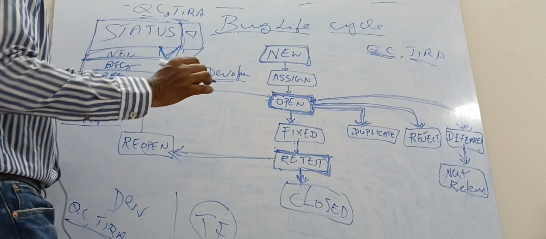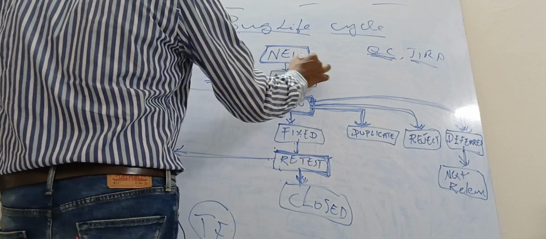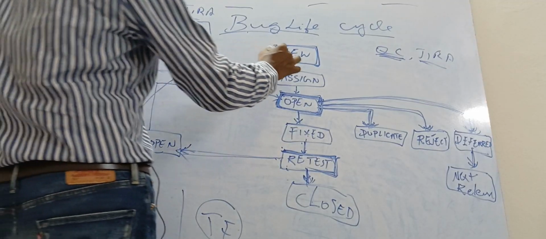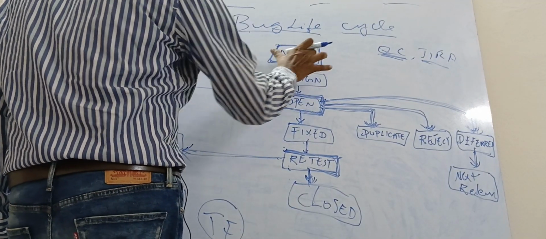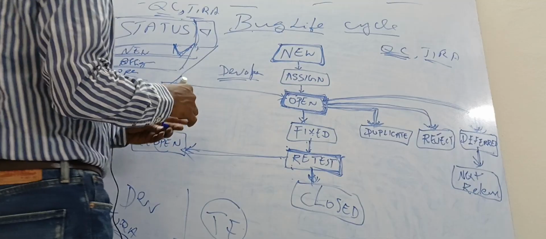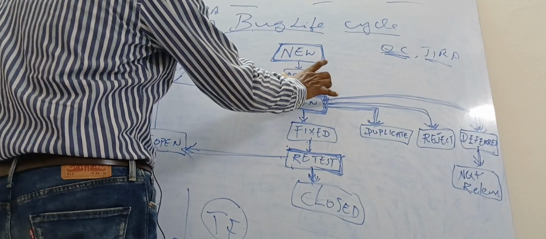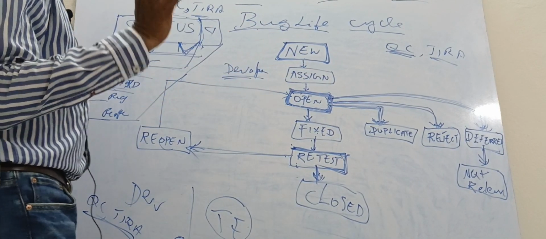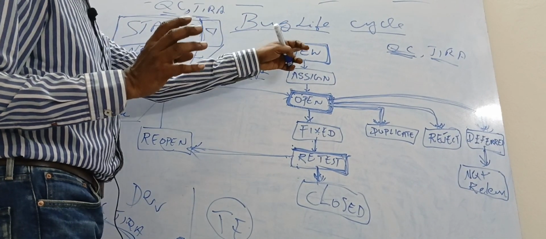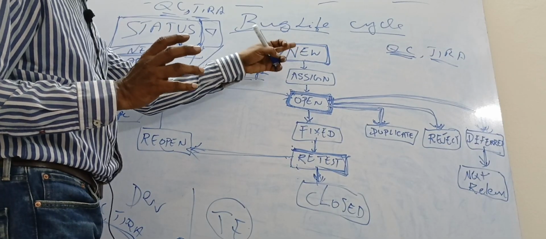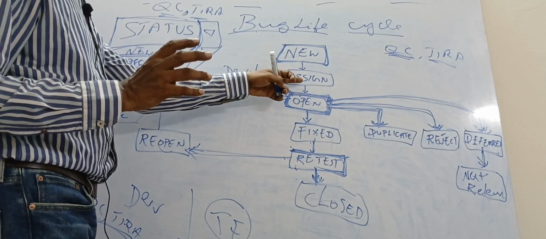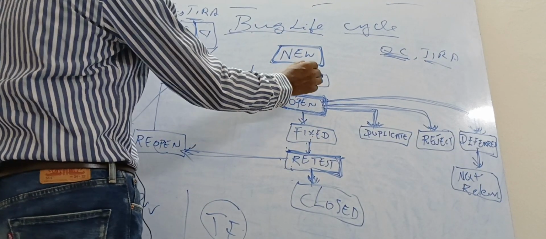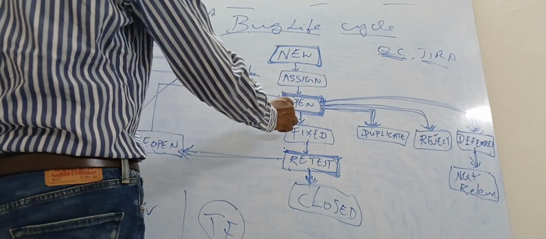So, whenever the test engineer has found a defect, he will put the status as new. Whenever the test engineer has put the status as new, the development lead will check, and immediately assign it to the particular developer who worked on this functionality.